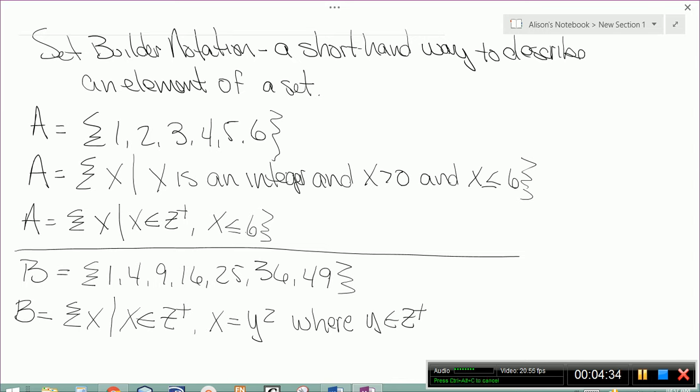And I can also say that Y is not a letter and it's not a tree or something like that. So I'm also going to say and Y is going to have to be less than or equal to 7. Because if I make Y able to be 8, 8 squared is not 49. Therefore, the largest value that Y can take on is 7.